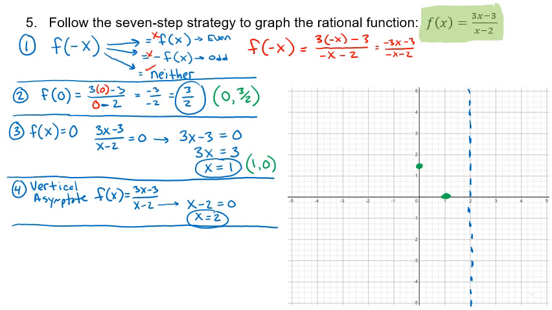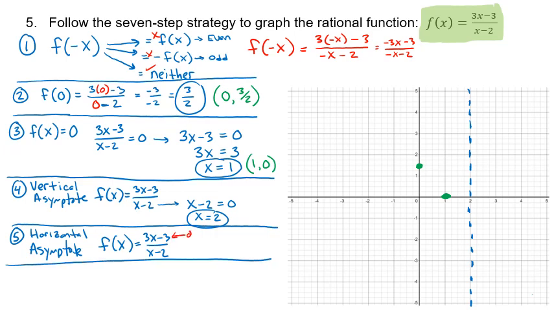Let's move on to horizontal asymptotes. So we'll call this 5. Let me just rewrite the function. f of x is (3x minus 3) divided by (x minus 2).